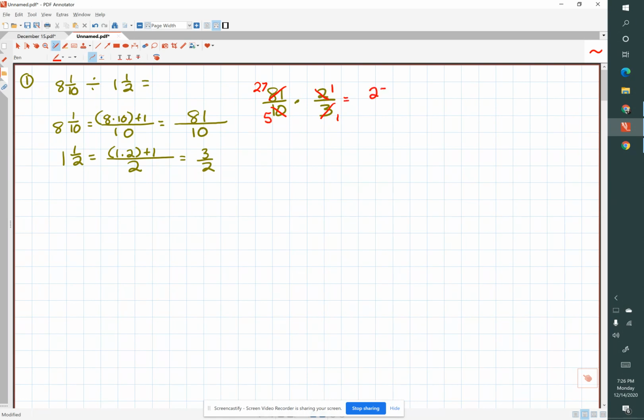And our final answer, 27 over 5, can be simplified to 5 2/5.